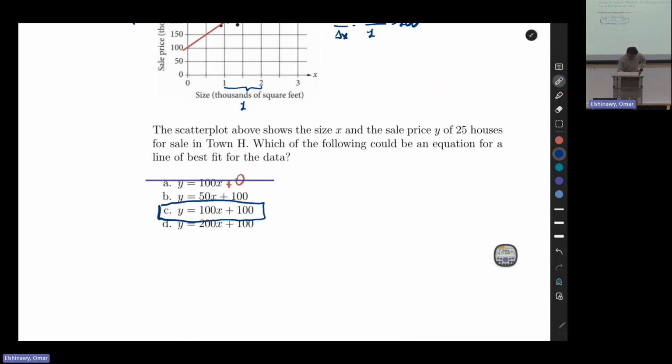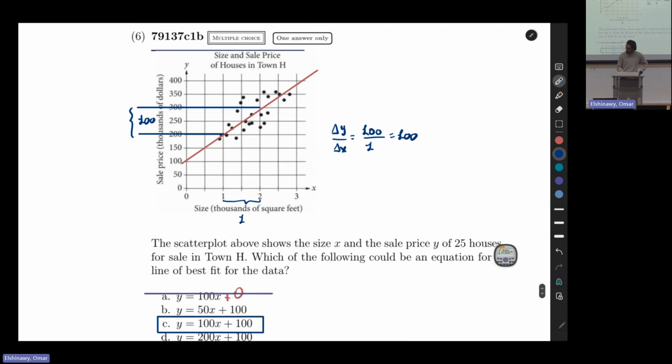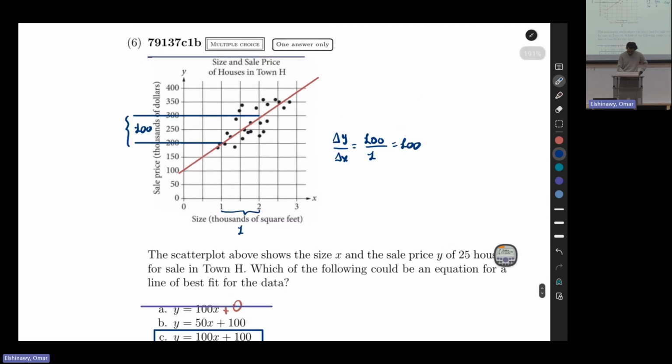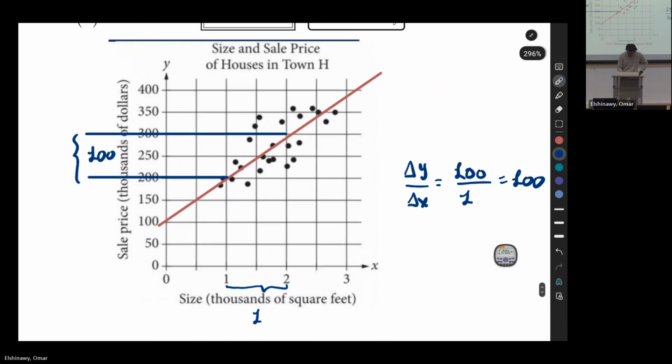I don't understand how this point, there's a point at x equals 2 and y is 225. You mean this one? Yeah. Well, here's the thing. This is noise.